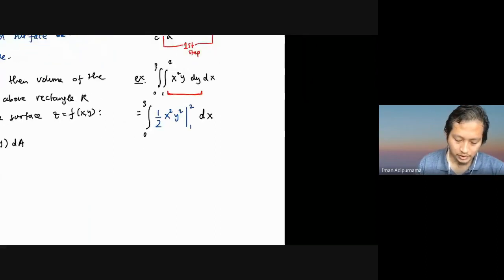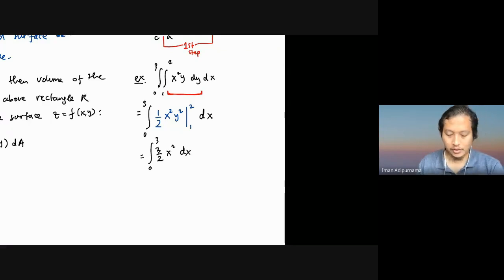You put in 2 and 1 into y, and then you will get 3 over 2 x squared dx. And now you can integrate with respect to x. You will get x cubed over, sorry, over 2. And then plug in the rest of the points, you will get 27 over 2.